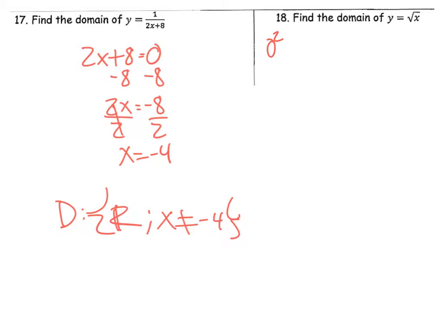So I can have 0, but I can't have negative numbers. So what can x be? Greater than or equal to 0. So x can be greater than or equal to 0.